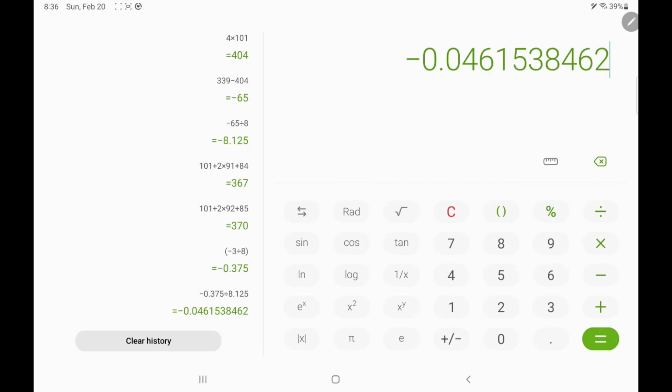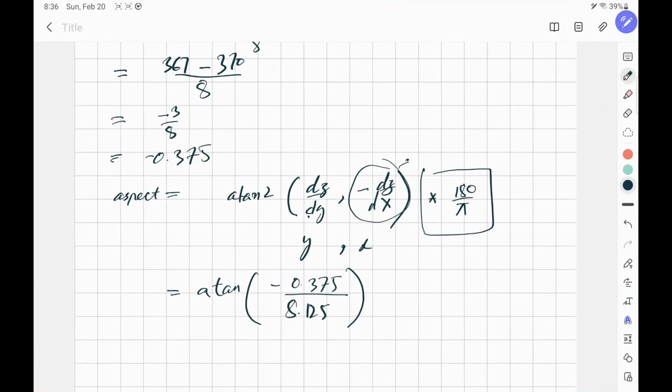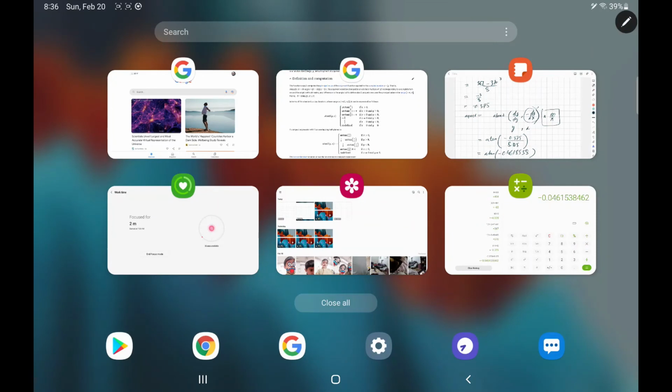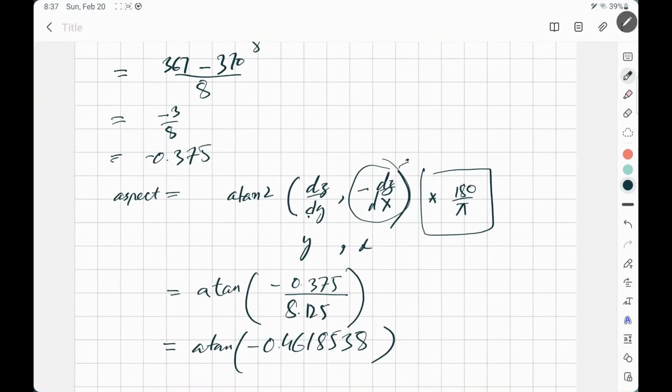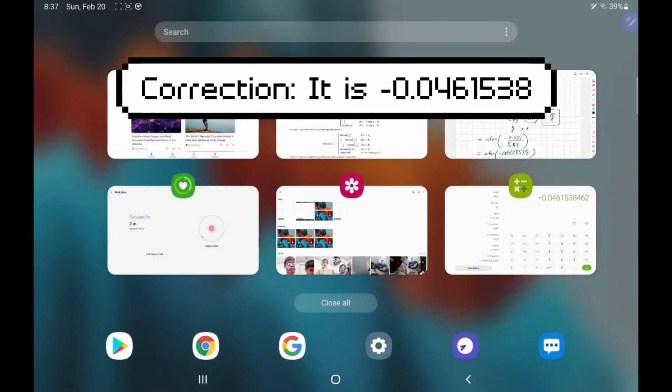The answer is minus 0.046158. Let me check again. The answer is minus 0.046158.